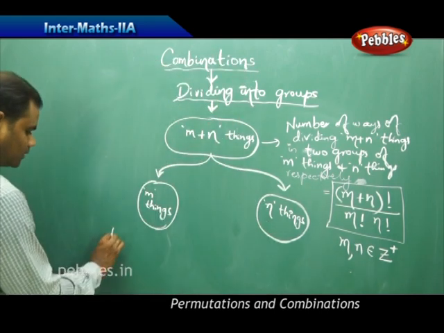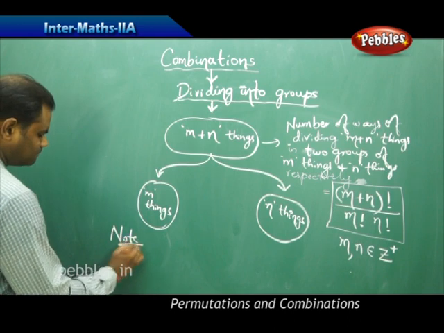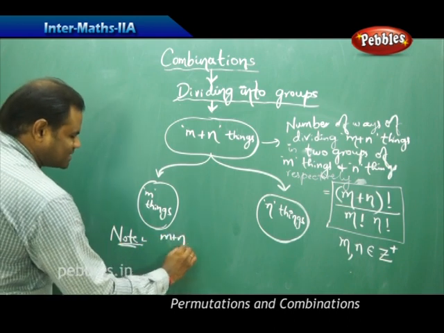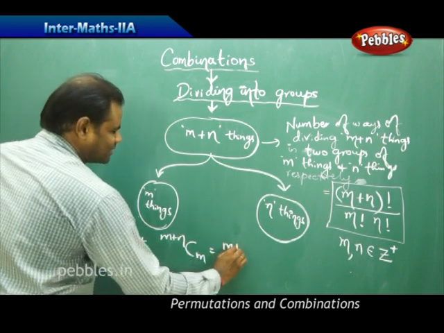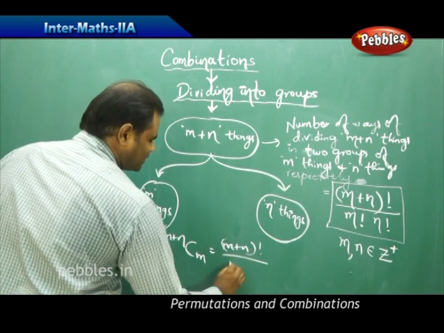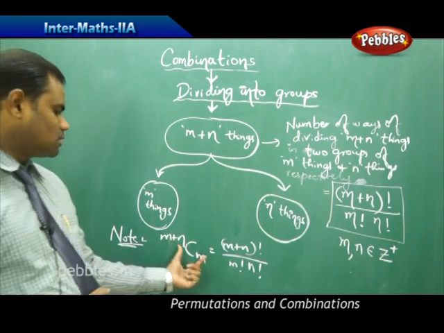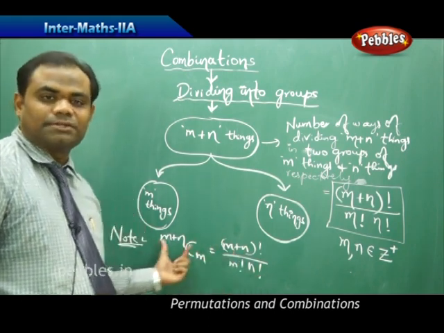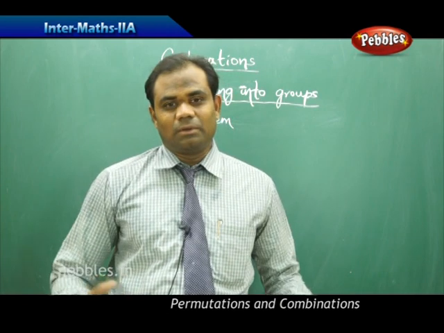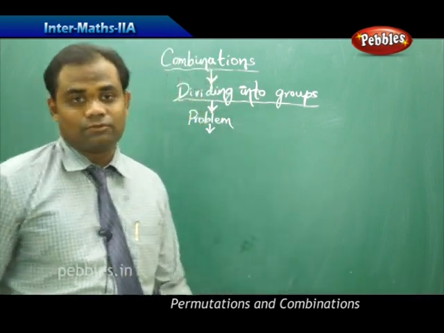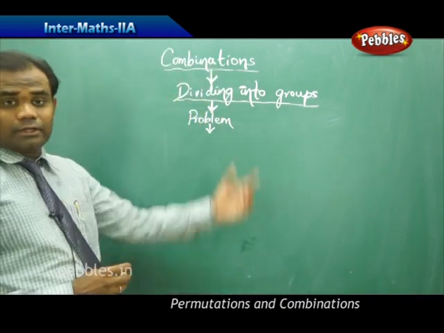And note here, (m plus n) C m is nothing but (m plus n) factorial by m factorial into n factorial. Therefore, this is how we get this connected with this. So let's see one problem supporting the previous formula related to dividing into groups.